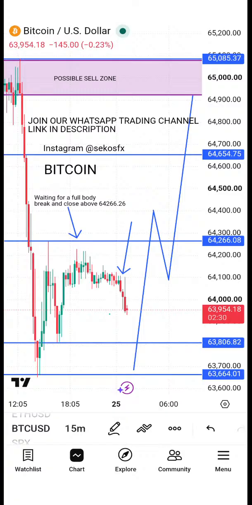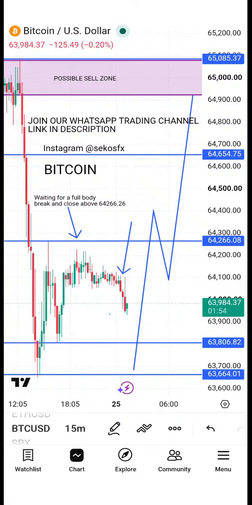Guys, please subscribe, turn on the bell for post notification because as you can see here, we are going to wait for a very long time because we are waiting for a break and close. So I would have to end the live session and come back when the price is broken above our zone.